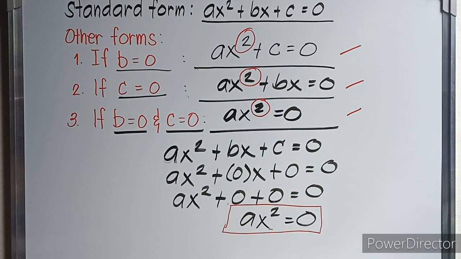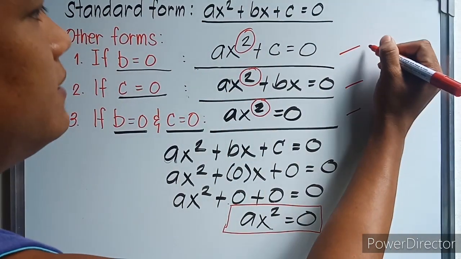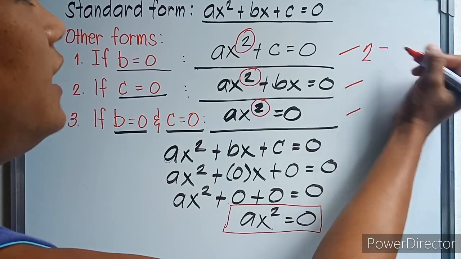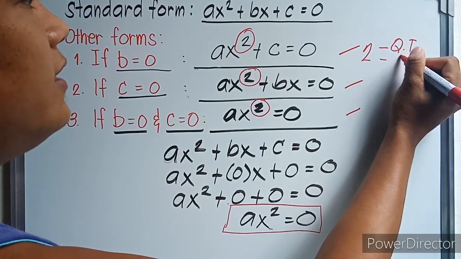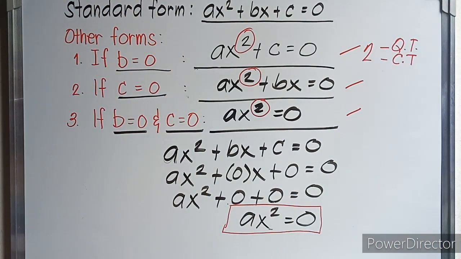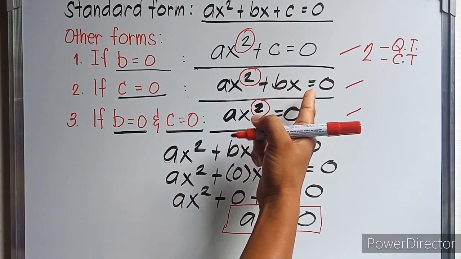Now, how many terms do we have for the first one? Ax squared plus c is equal to 0. So we have 2 terms. And what are those 2 terms? We have the quadratic term and the constant term. How about for number 2? Ax squared plus bx equals 0.